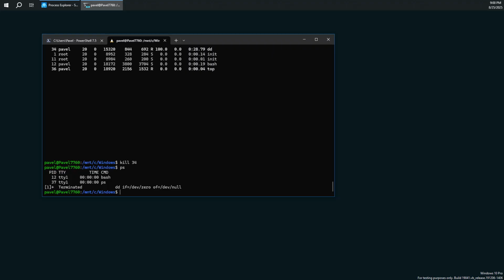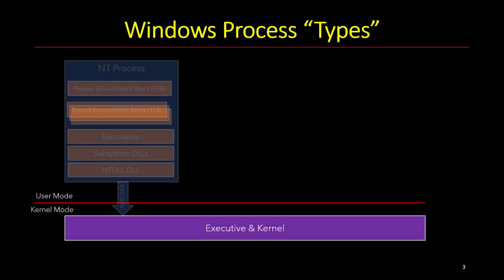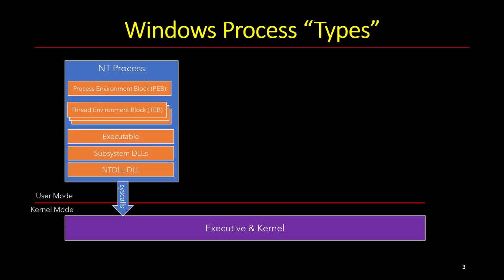For that, Microsoft had to do some work, and here's what that looks like. If we think about Windows processes, we think about a process in the following way. It's just an address space from a user mode perspective that has a bunch of stuff in it. We have the executable being mapped, various subsystem DLLs like kernel32, GDI32, user32, and so on.